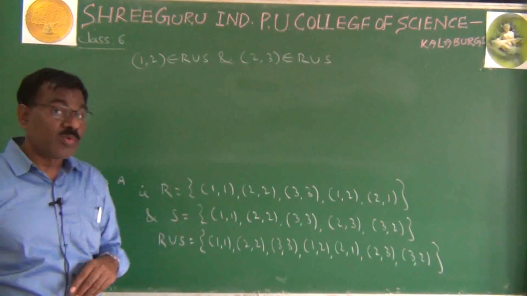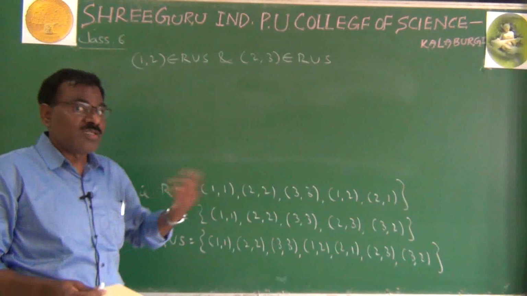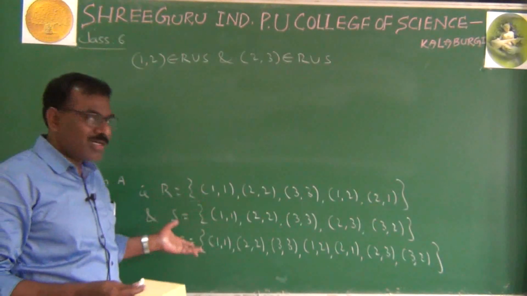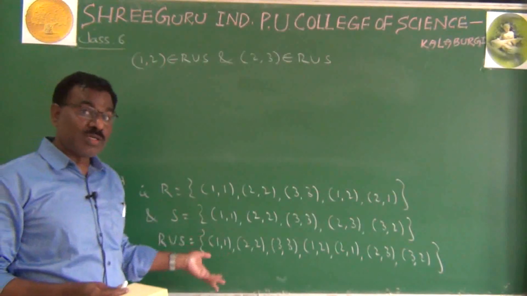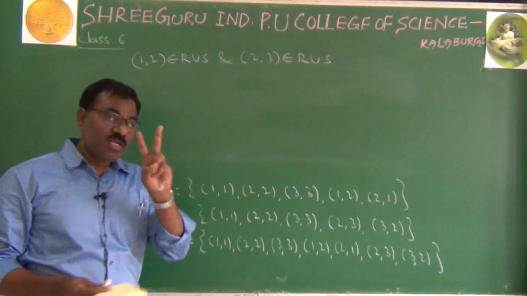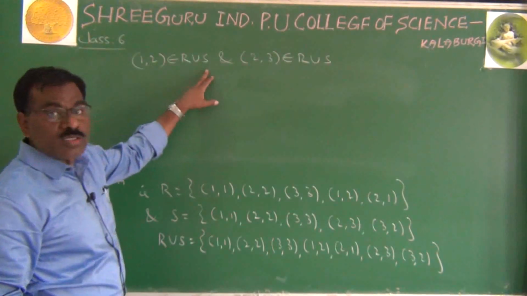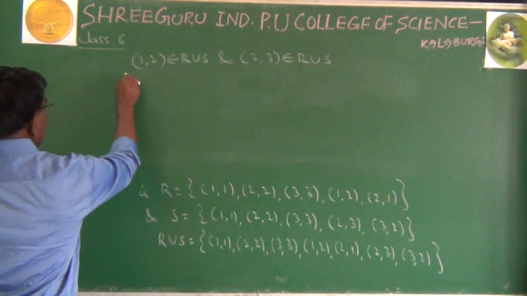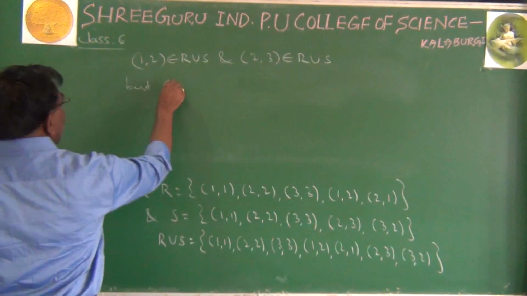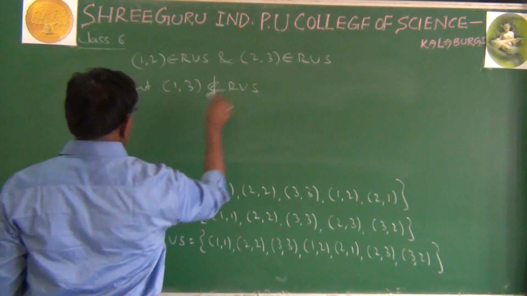Transitive means taking two ordered pairs, in the union, because I want to show the union is an equivalence relation. In the union, select two ordered pairs: (1,2) belongs to R union S, and (2,3) belongs to R union S, but (1,3) does not belong to R union S.